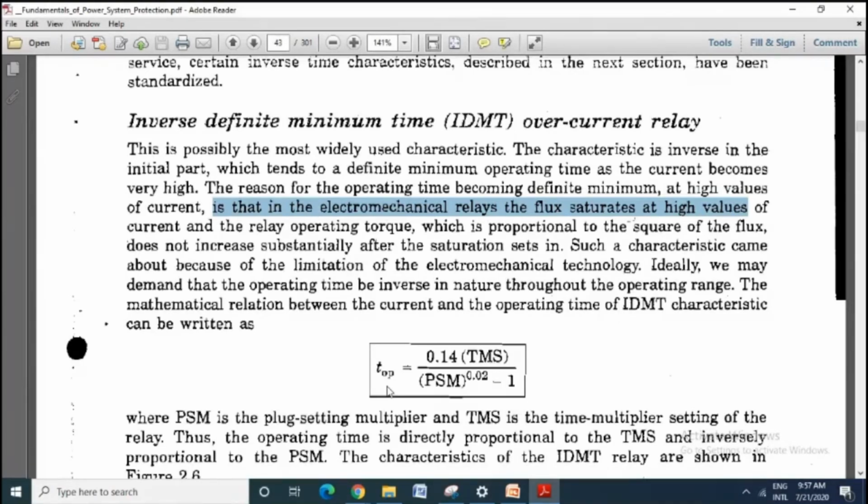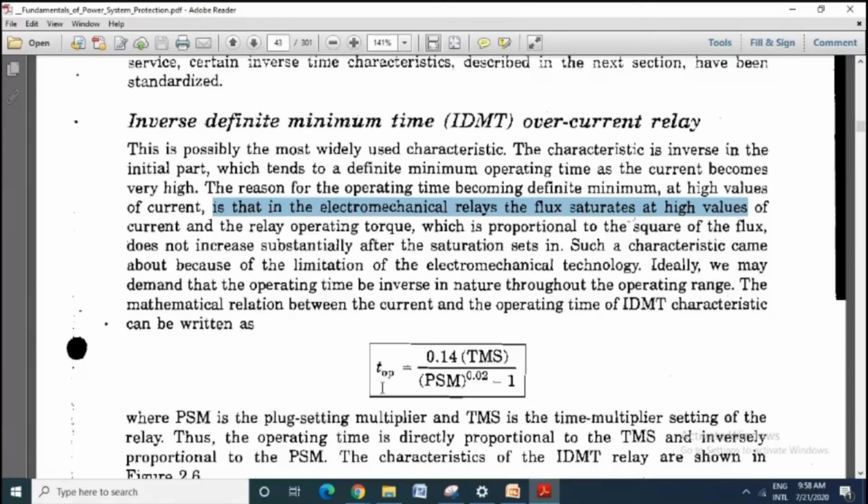After that, however much flux you give it, it is not able to accommodate it because of this saturation condition: every atom of that magnetic circuit is carrying a certain amount of flux, and beyond this point it cannot carry any more flux. This point is known as the saturation point.